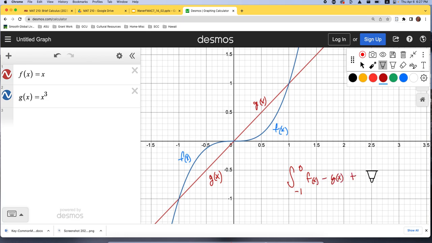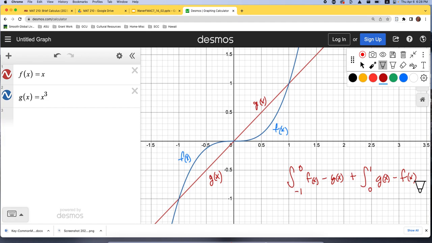Then we're going to add the other area going from 0 to 1, and that's g of x is on top there, minus f of x. And we've got to set it up this way. So it's really two problems now. We find this area, then we add them together.